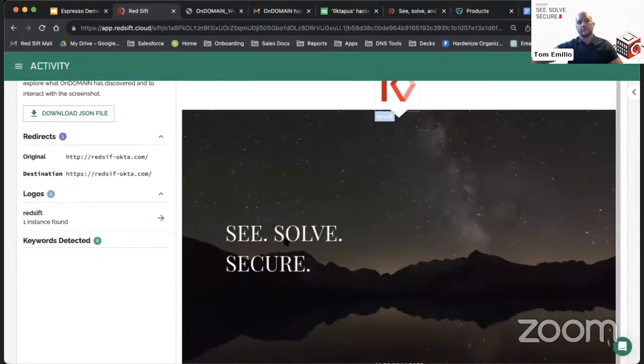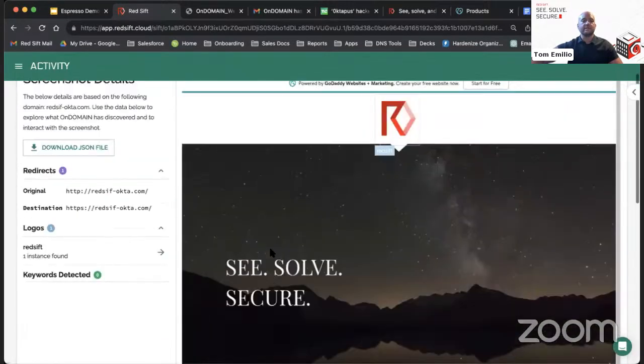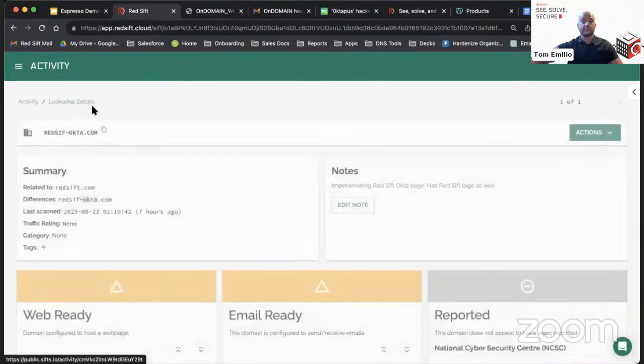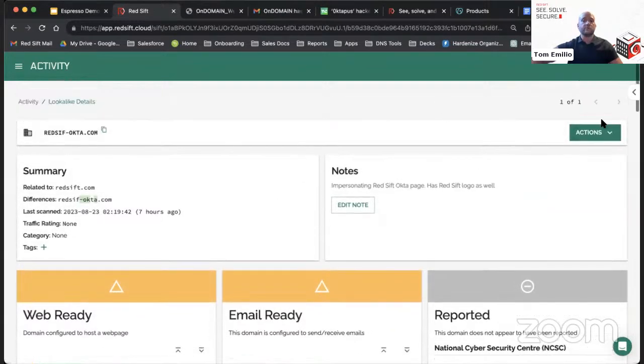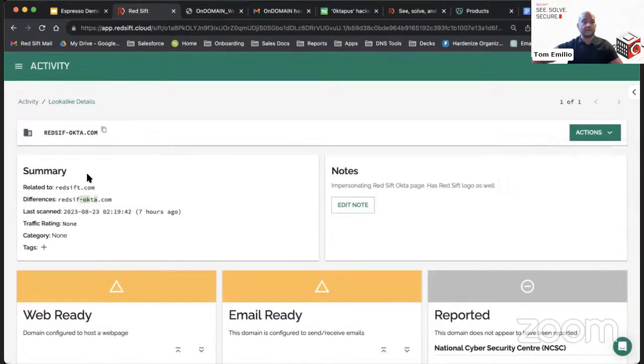There's also one of our slogans at Red Sift. Ultimately this is something that's trying to look like an Okta page, and it's something we're going to want to look closer at, but ultimately move into a takedown status where we can start compiling the evidence to take that particular domain down.